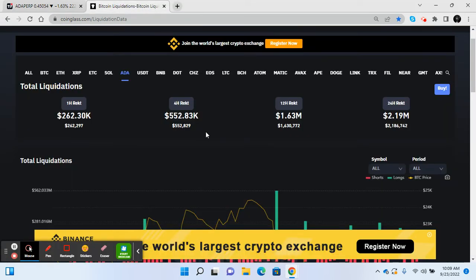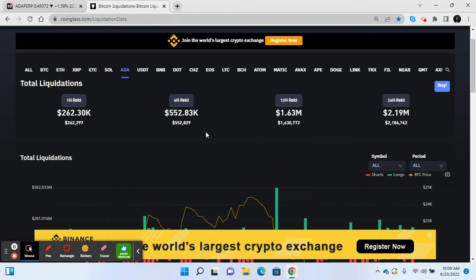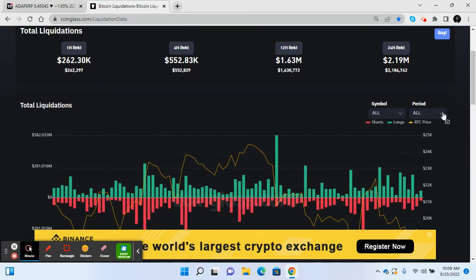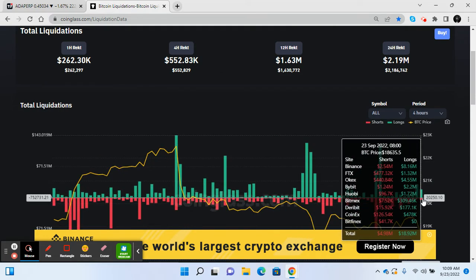All right, so we're on CoinGlass and we're looking at Cardano, ADA. Let's go back and look at maybe the last 4 hours. Let's see what's happening.